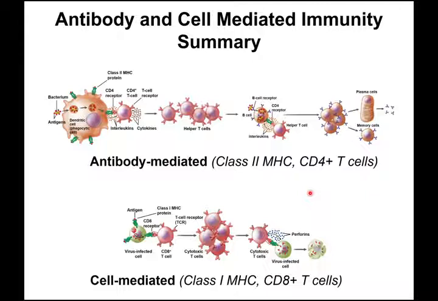So this schematic here shows you the two responses. Again, the antibody-mediated response and the cell-mediated response, which are both part of the adaptive immunity. So in the antibody-mediated response, the antigen-presenting cells present the antigen through a class 2 major histocompatibility complex to CD4 T cells, which then get stimulated by interleukins to expand and become helper cells.